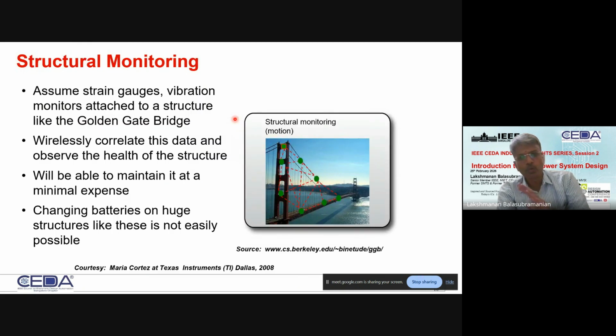But as you see here, one thing that's common about all of them is that... this is an example of structural monitoring, which is the Golden Gate Bridge, but any bridge would work here. You can take the Kempapura Bridge, for example, or the Hosur Road Bridge. I mean, there's a long one. And obviously, many of us don't know about the infrastructure development. This generation is when a lot of infrastructure is getting developed.